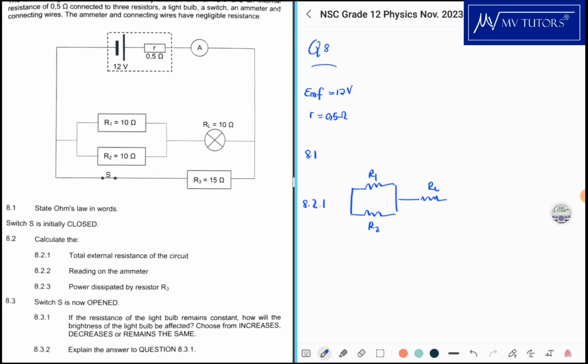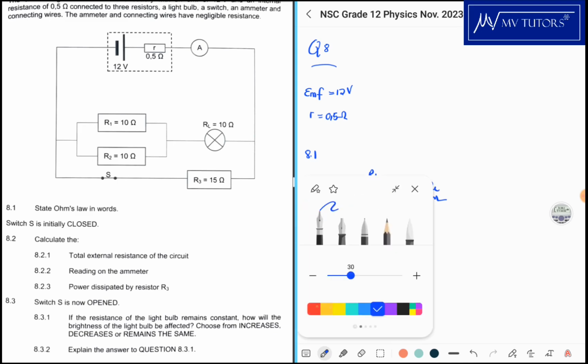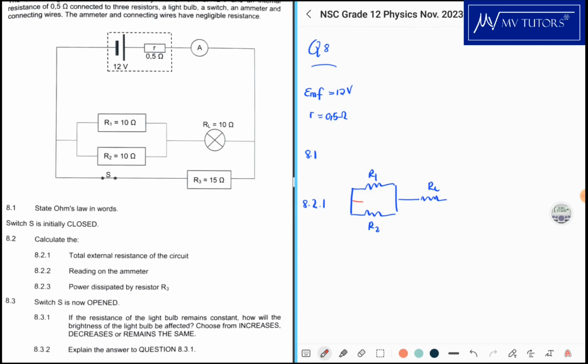If it's not obvious to you that the resultant is actually 5 ohm, if this is 10 and that's 10, then you can calculate it. Please calculate everything so that you are sure.